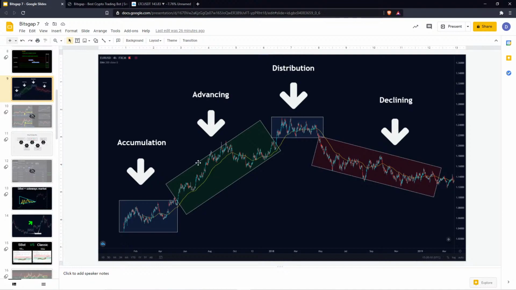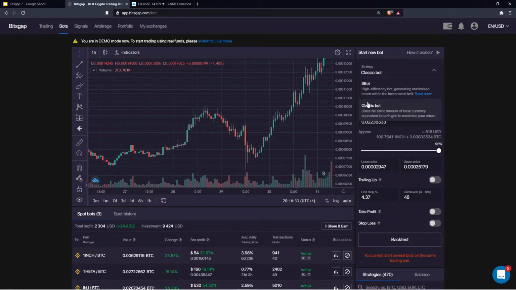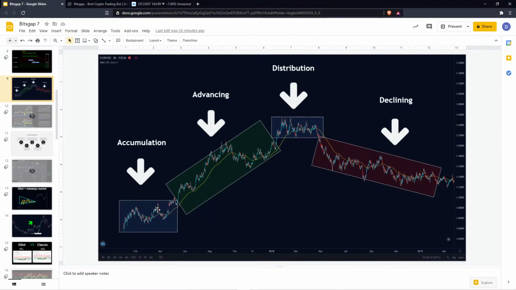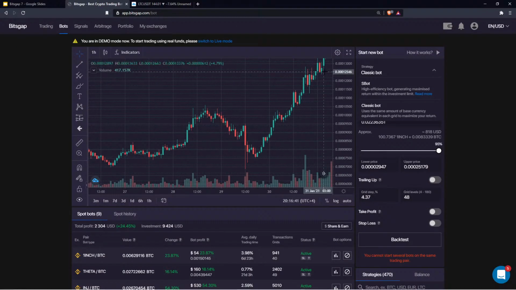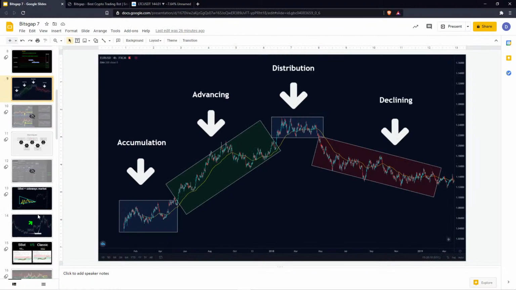If you compare the results of the SBot launched on this advancing market phase with the classic bot, you would find out that the classic bot significantly outstrips the SBot. So when you expect the market to enter the advancing mode, to enter the rally, stick with the classic bot. Whereas when you expect the market to enter the accumulation phase or the distribution phase, the best choice for you is the SBot.